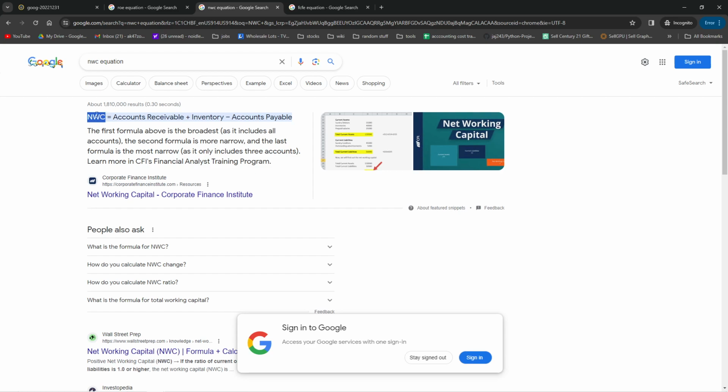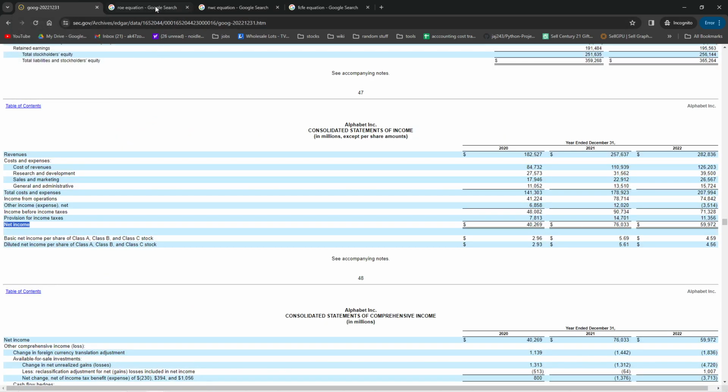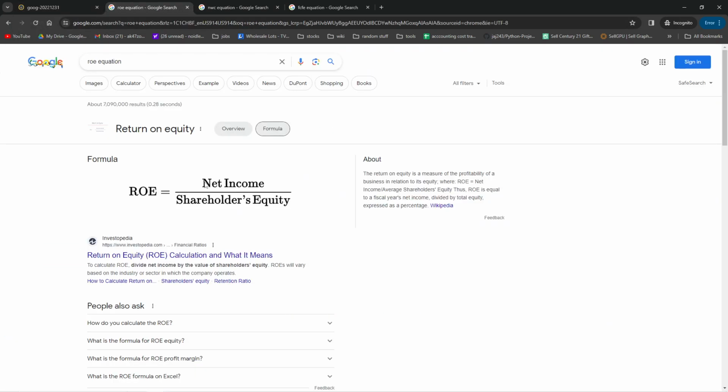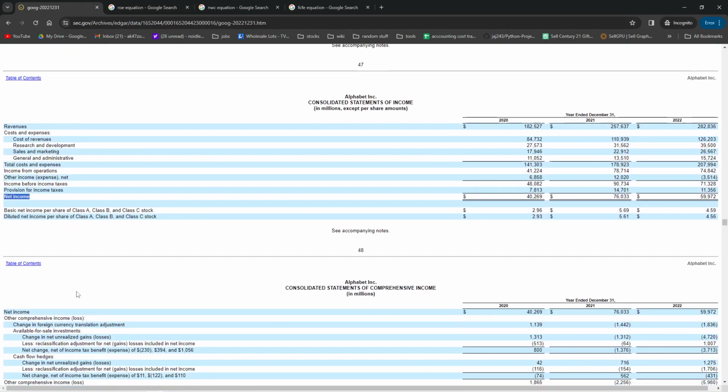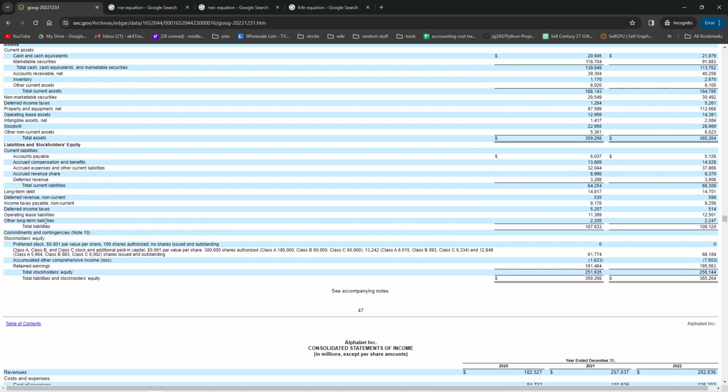The last topic I want to talk about is return on equity. The return on equity equation is net income divided by shareholder equity. Shareholder equity will be found in the balance sheet. Assets minus liabilities will equal equity, because assets equal equity plus liabilities.